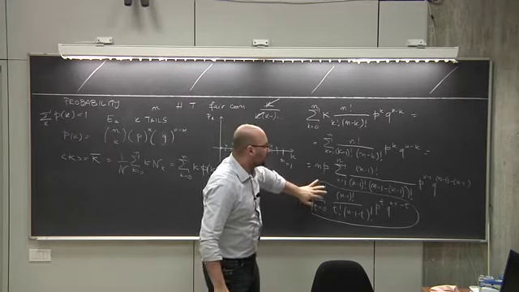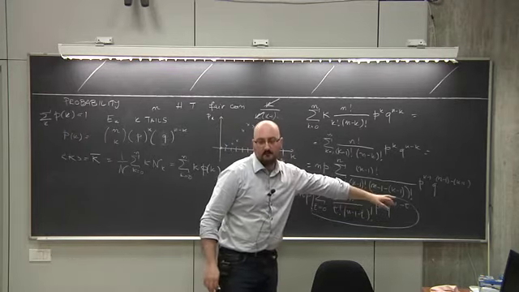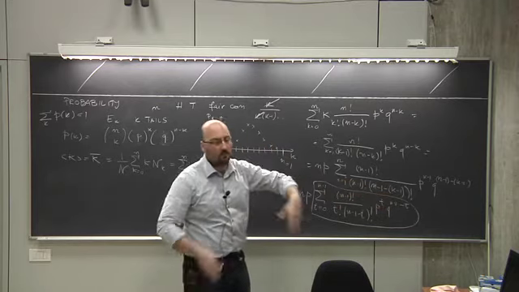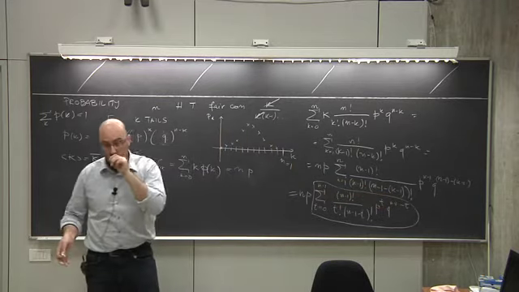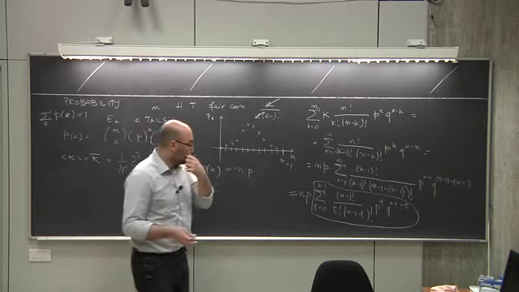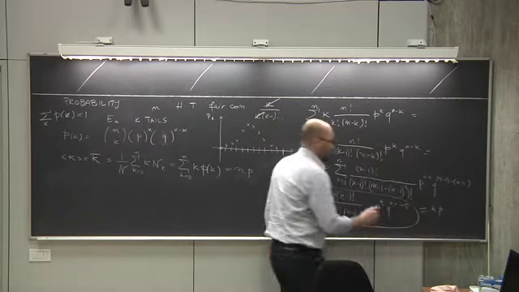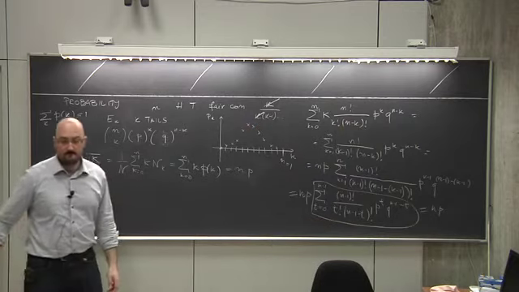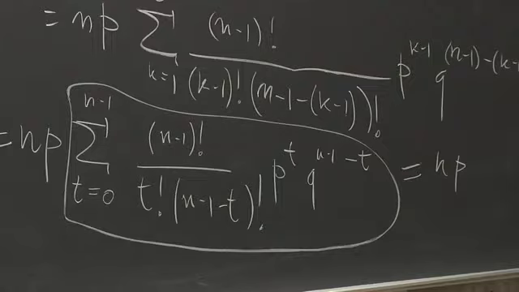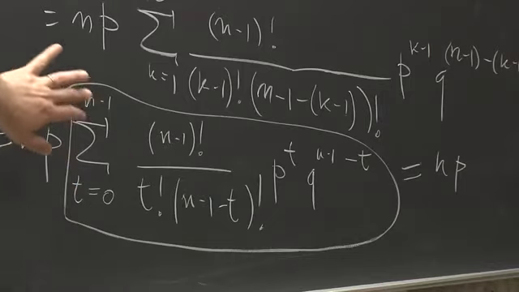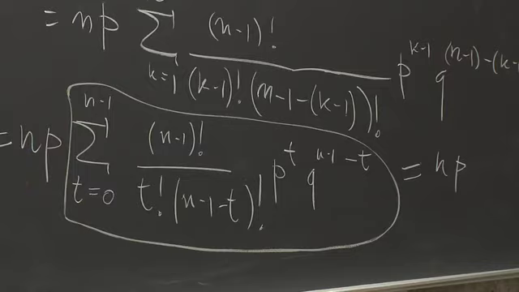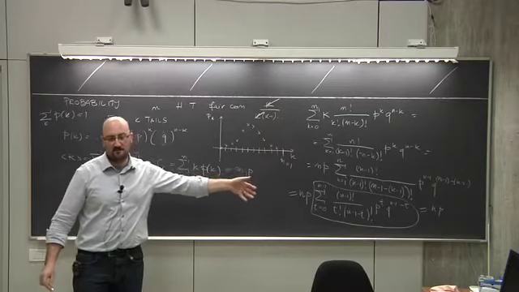So this is p plus q to the n minus 1. But p plus q to any power is 1, because p plus q is 1. So this is equal to np. I just wanted to show you how to do this calculation, because mostly the calculations with binomial coefficients always need these sorts of tricks.